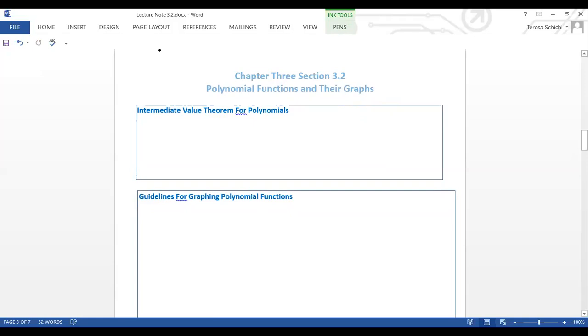So the intermediate value theorem for polynomials, what is that? You're going to see this in Calculus 1 also. It's a very important theorem, and it's kind of common sense.